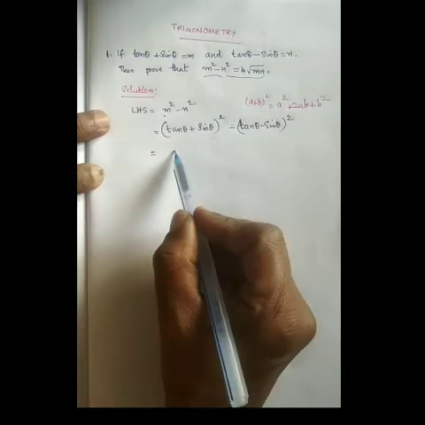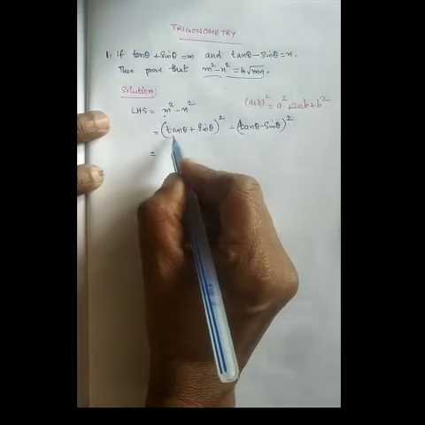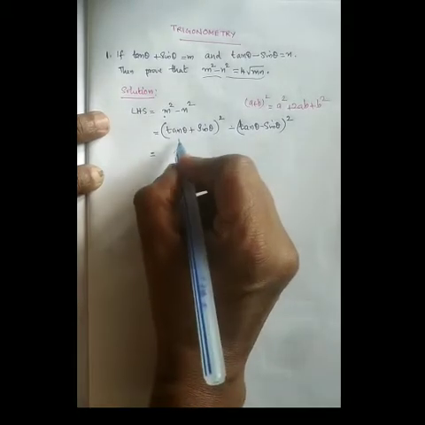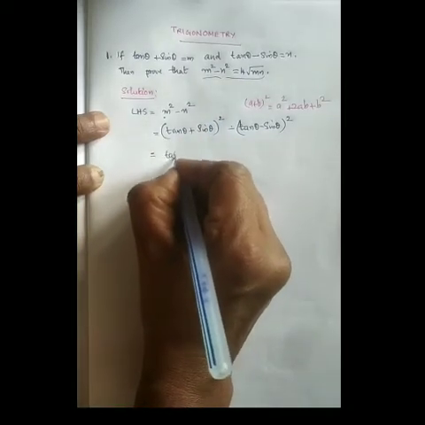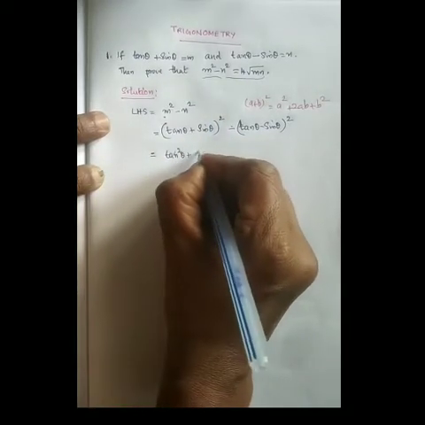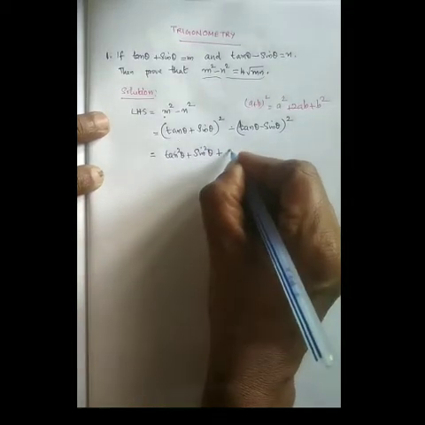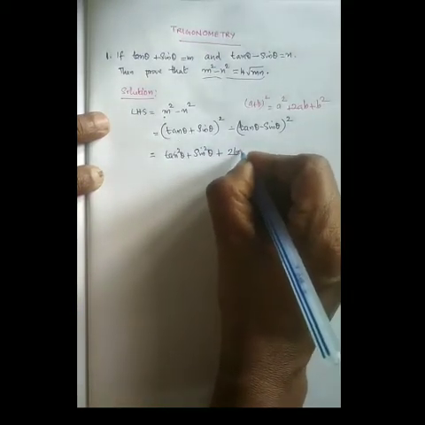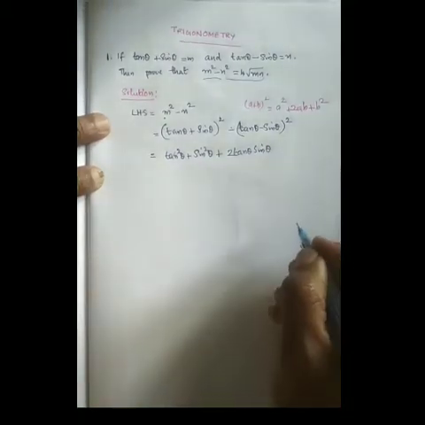By substituting this formula here, we get tan theta plus sin theta the whole square, that is tan square theta plus sin square theta plus 2 tan theta sin theta.